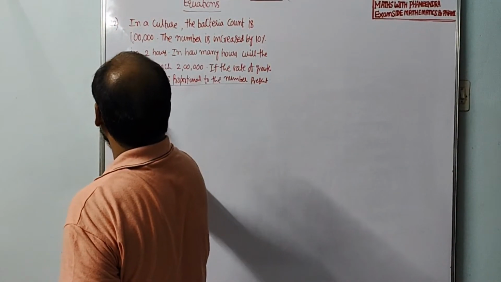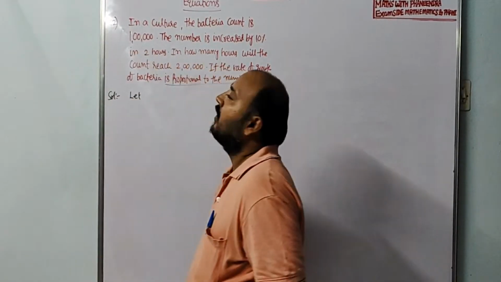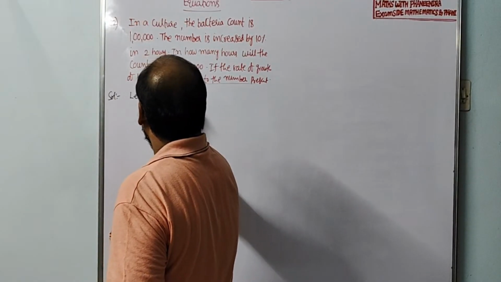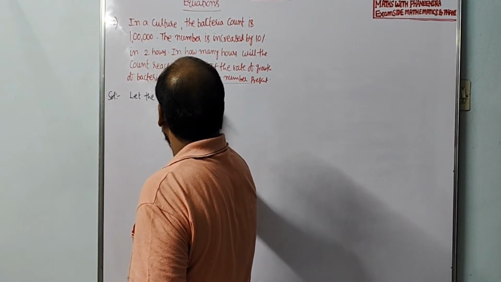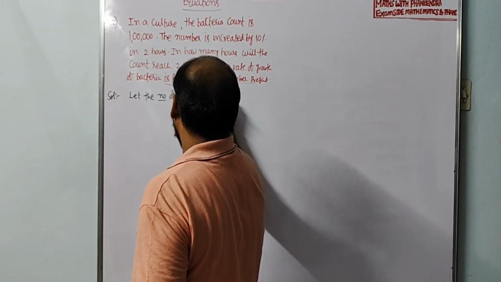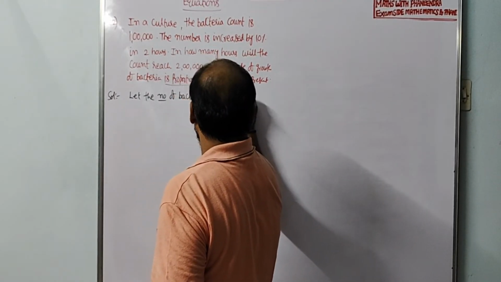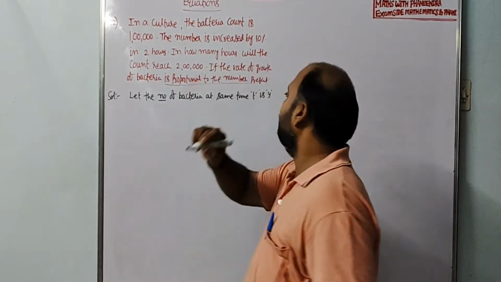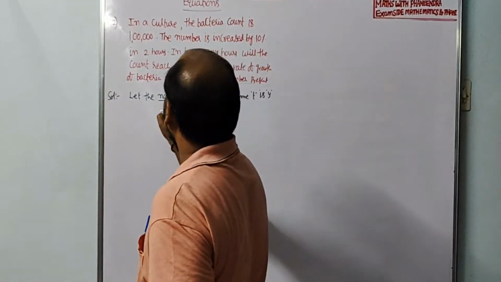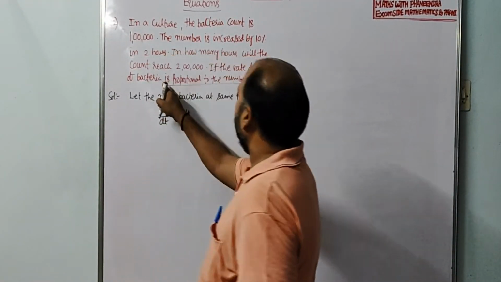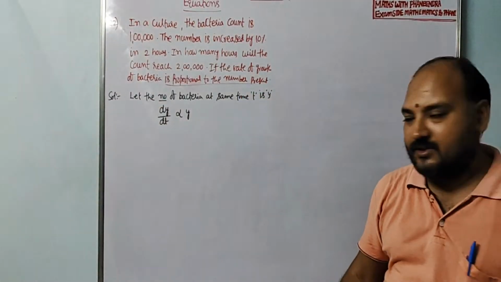For this, let the number of bacteria at the same time be y. That means dy by dt is proportional to y, proportional to the number present.